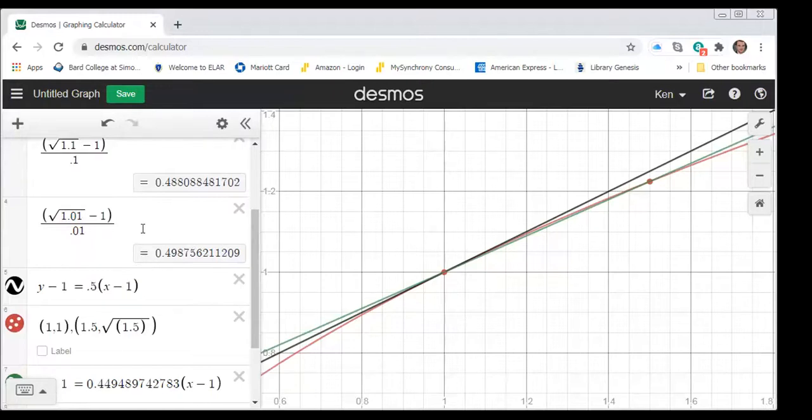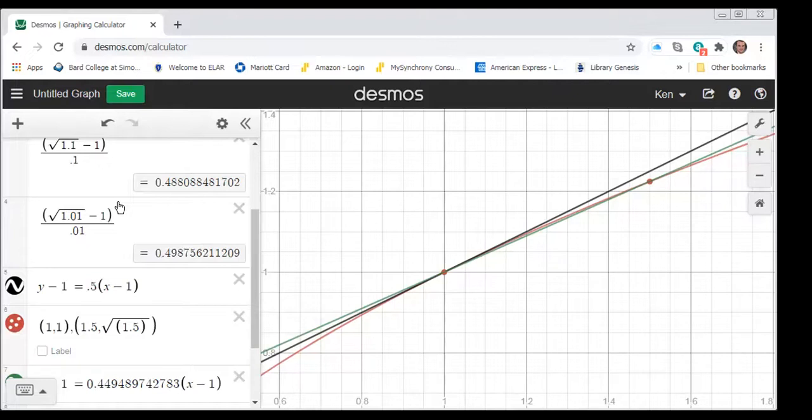And from this, we conclude that it appears that the average rates of change are approaching 1/2 as x approaches 1, right? Because as x is getting closer and closer to 1, x was 1.5, x was 1.1, then x was 1.01.